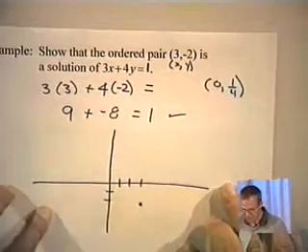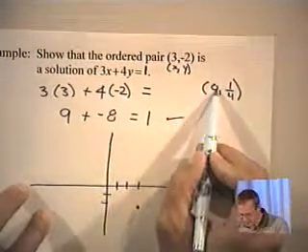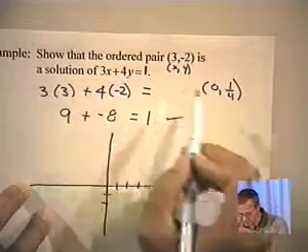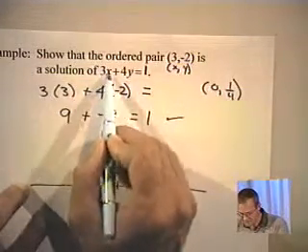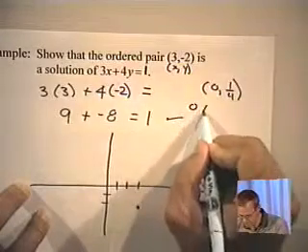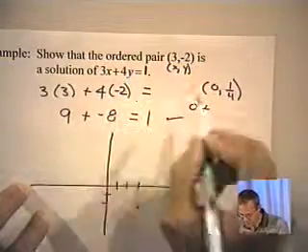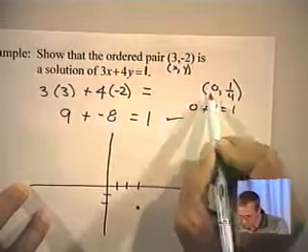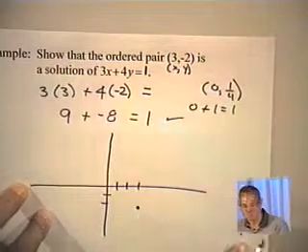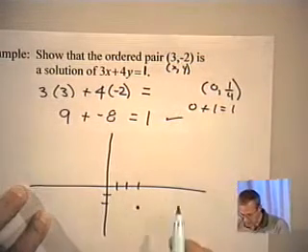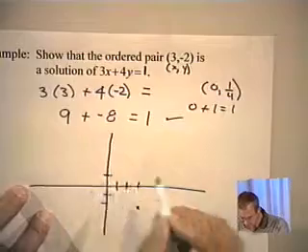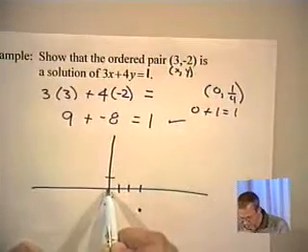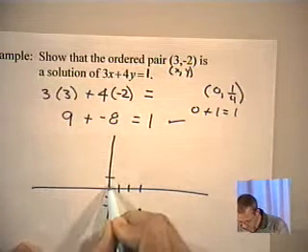We could probably verify that pretty quickly. If I plug a 0 in for x and a 1/4 in for y, notice when I plug the 0 in here, I'm going to get 0. 1/4 times 4 is 1, and that certainly is satisfied. So here's another ordered pair that's on this linear equation. I'm going to attempt to plot that point as well. Well, the point (0, 1/4) is over 0, so I don't go anywhere on the x, and up a fourth, so just a little bit.